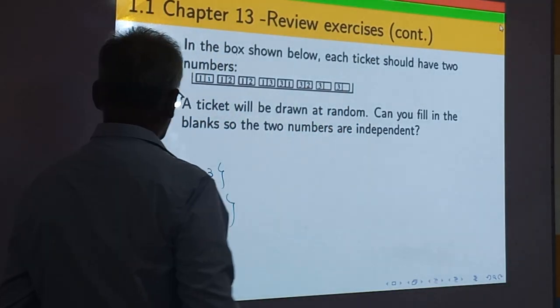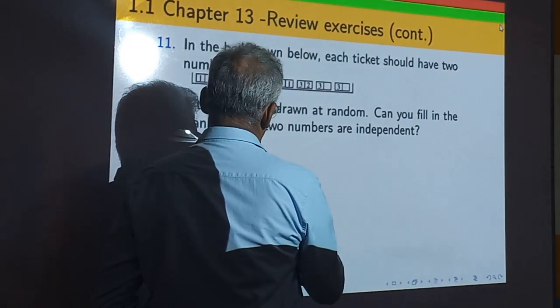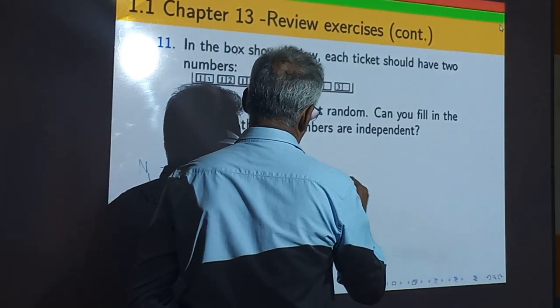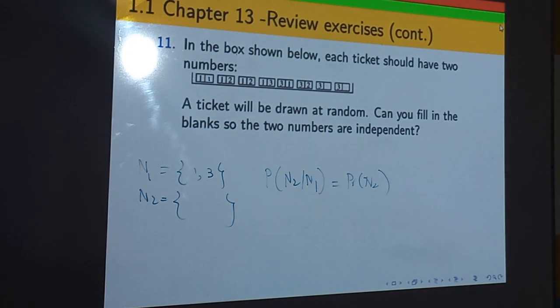But for these two to be independent, the probability of n2 given n1 should be the same as the probability of n2. Likewise n1 given n2 is the same as the probability of n1, then we can say n1 and n2 are independent.